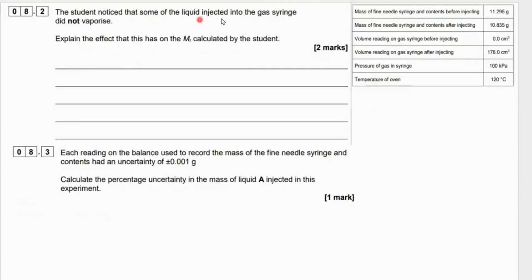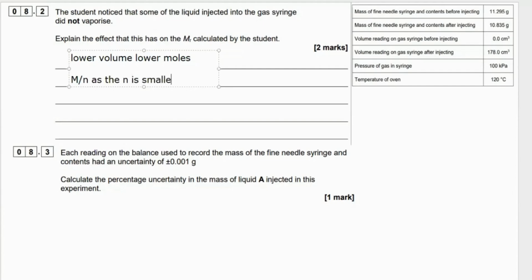The student noticed that some of the liquid injected into the gas syringe did not vaporize. Explain the effect this had on the MR. Well, basically, you're going to have lower volume, which is going to give you lower moles. Because you've got lower moles, you're going to do mass divided by moles. As the N is smaller, we get a greater MR than expected.